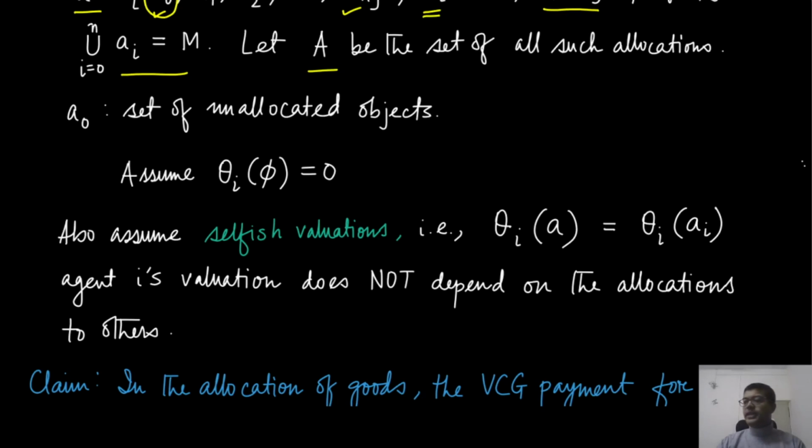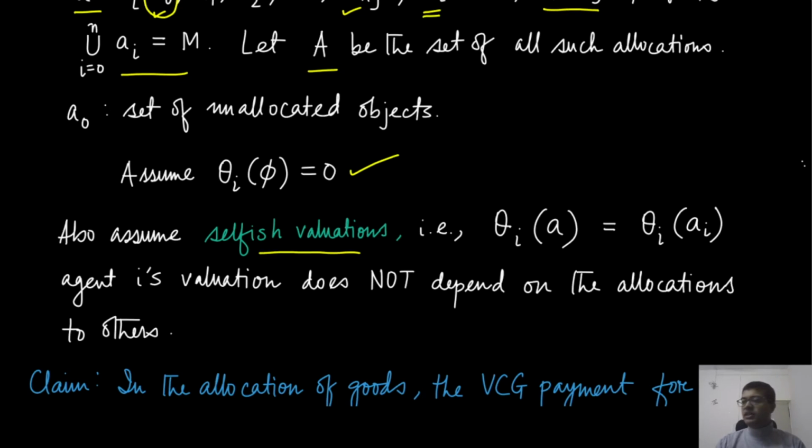And quite naturally, we are going to assume that if the allocation to a specific agent is empty, then he is getting a 0 valuation. The other term that we will use, also available in the literature, is called the selfish valuations.